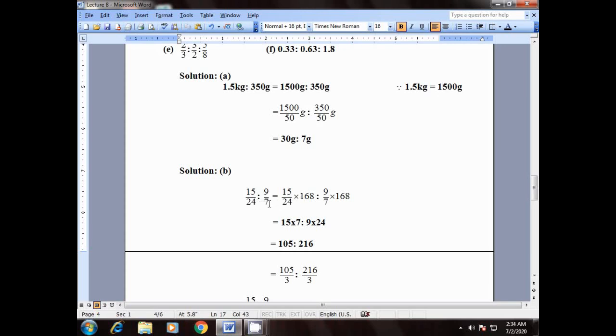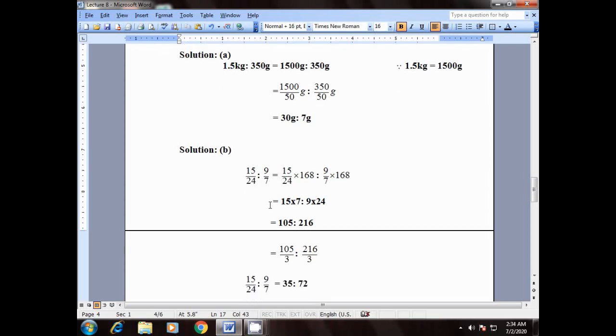For this purpose, first of all, we will take the product of 24 and 7, and then we will multiply this product by the first and the second quantity. Ratio 9 upon 7 multiplied by 168, which is the product of denominators 24 and 7. Now 24 times 1, 24. 24 times 7, 168.